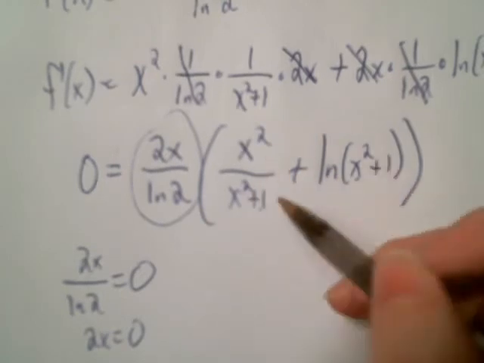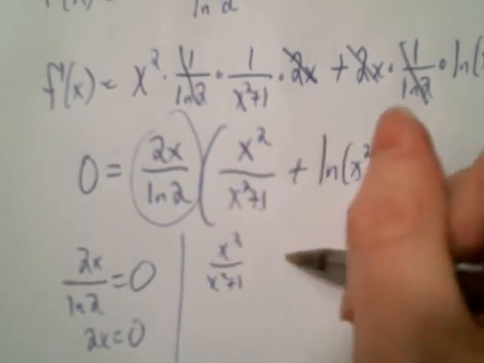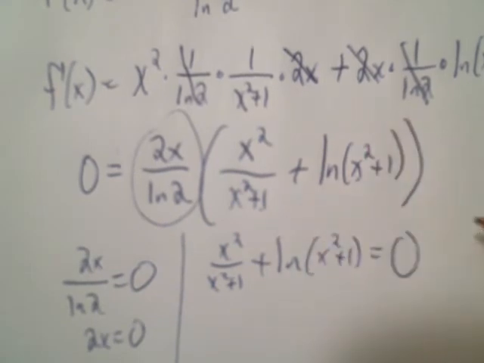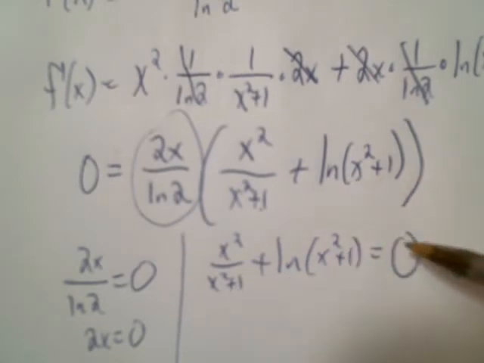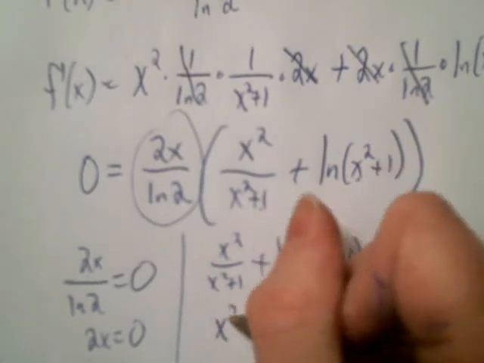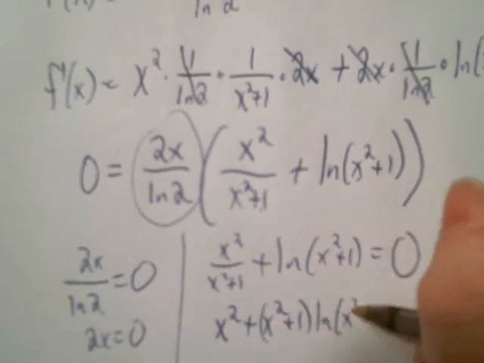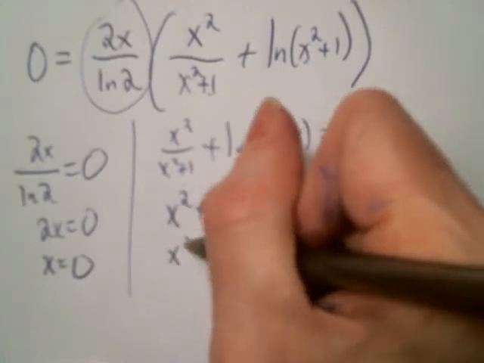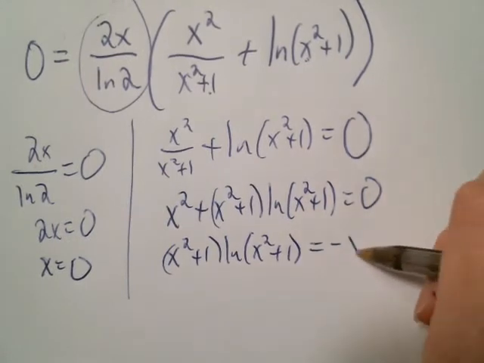The only critical numbers will be where this is equal to 0. Okay, so I'll take x squared all over x squared plus 1 plus ln of x squared plus 1 and set that thing equal to 0. Okay, you can multiply through by x squared plus 1 if you wish. You get x squared plus 1 ln of x squared plus 1 equals 0. You can move this x squared to the other side. So you'll get x squared plus 1 times ln of x squared plus 1 equals negative x squared.